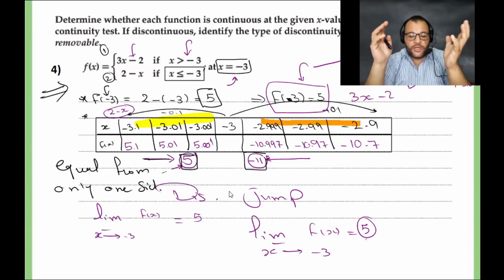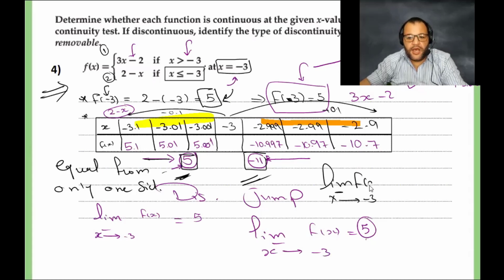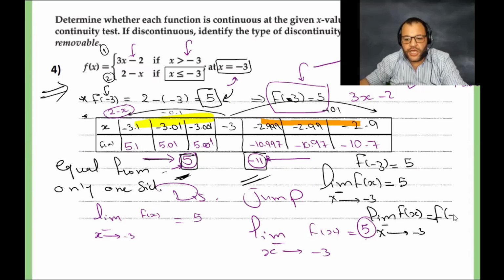The limit when x approaches negative 3 from the left side of f of x equals 5, and we have f of negative 3 equals 5. It means the limit when x approaches negative 3 from the left side of the function f of x equals the function f of negative 3. It means it's approached from only one side, the value of the function.